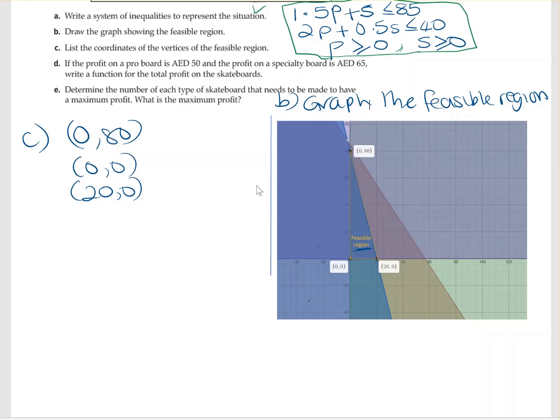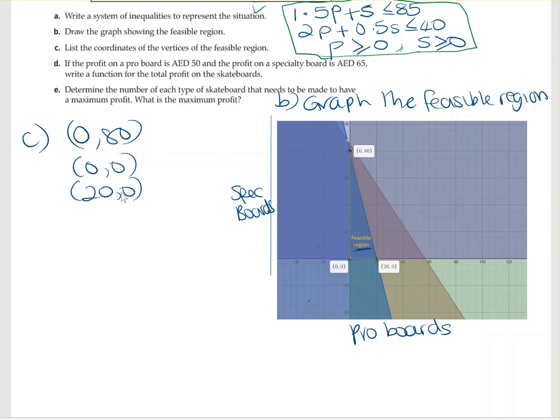So we've got the specialty boards on the Y-axis, and on the X-axis here, this is our pro boards. So we've used X and Y when we've put this into Desmos.